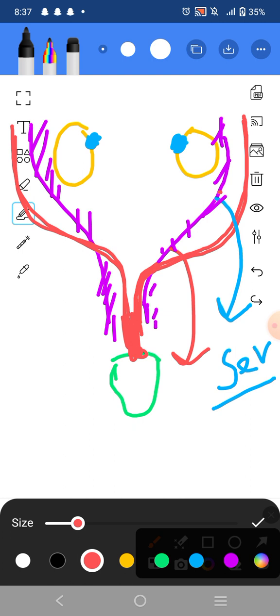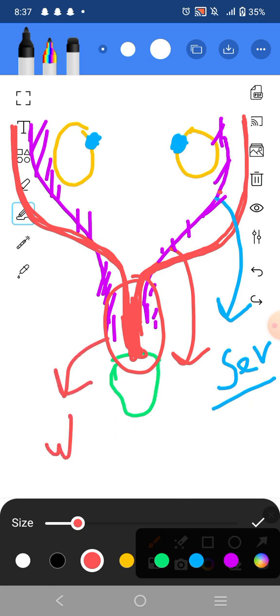These paramesonephric ducts are mainly shown in red color, and these are responsible for the formation of the female reproductive structures like uterus and vagina. When they join medially, in the distal segment they join together to form the uterus. This portion will form what? It will form the uterus, right? Initially it is not canalized, but later on it will also canalize, right?